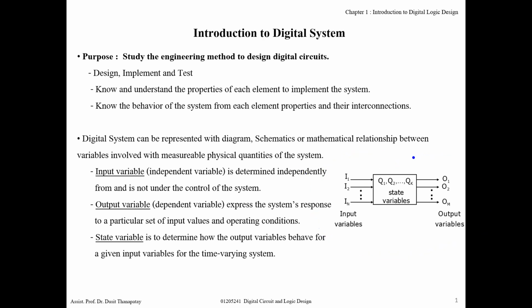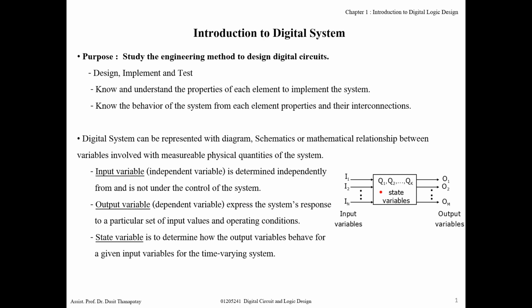Let's consider this one. Normally in an electrical system, there are input variables or input signals and output variables or output signals. An input variable, or independent variable, has a value independent from the system.